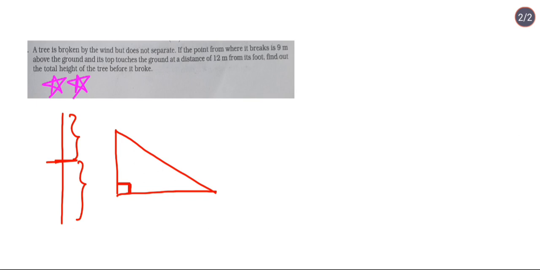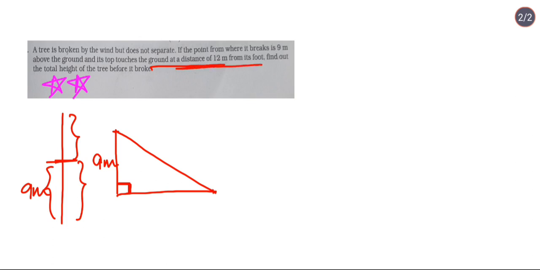Now, the point from where it breaks is 9 meter above the ground, that is, this is equal to 9 meter. And the top touches the ground at 12 meter from its foot.